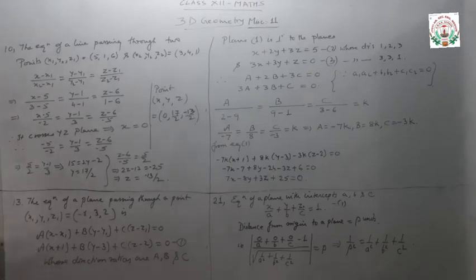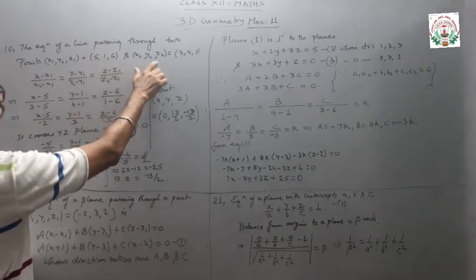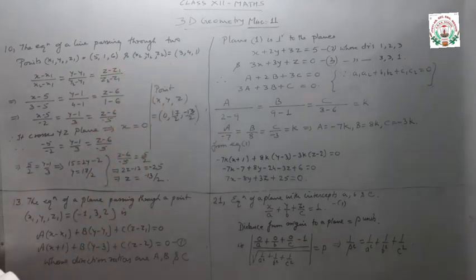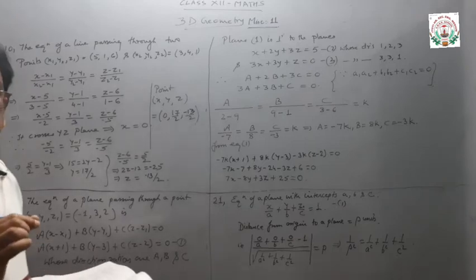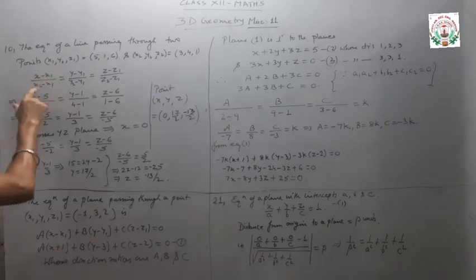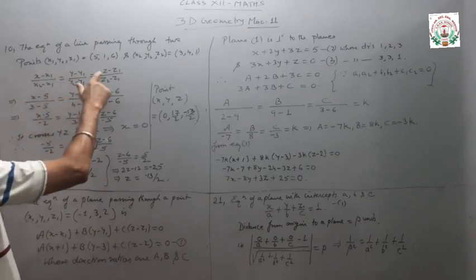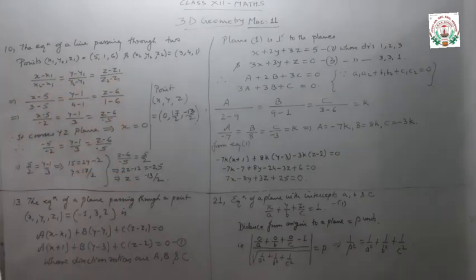The equation of a line passing through the points (x1, y1, z1) = (5, 1, 6) and (x2, y2, z2) = (3, 4, 1). The equation of a line passing through two points is given by (x - x1) upon (x2 - x1), (y - y1) upon (y2 - y1), (z - z1) upon (z2 - z1).